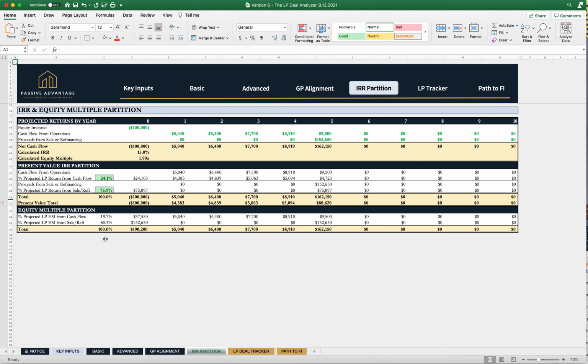And in this case, we can see that the cash flow proportion of the limited partner returns is 24.1%, whereas the proportion of returns based on sale or refinance is 75.9%. In general, we prefer cash flow from operations to be greater than 20% of the returns. Thus, why this deal has turned green within those cells.